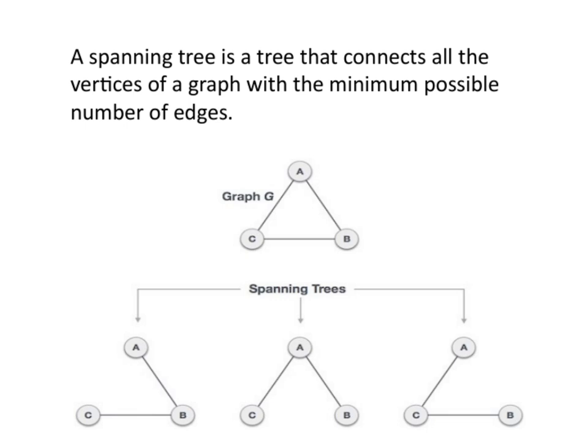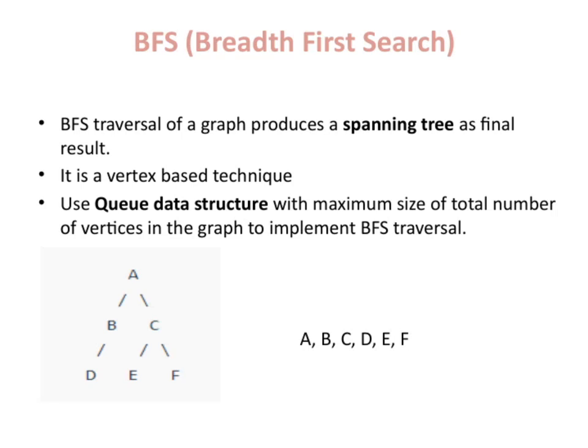Now, when we perform a BFS traversal of a graph, the result we get is a spanning tree. This means that from our starting vertex, we explore all reachable vertices systematically, connecting them in a way that covers the entire graph without creating any cycles. It's important to note that BFS is a vertex-based technique, meaning it focuses on visiting vertices level by level.